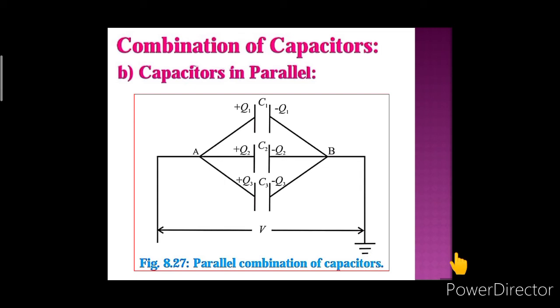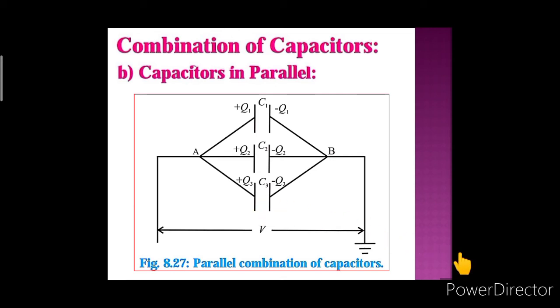Now, if the capacitors are connected between two common points or junctions, they are said to be connected in parallel. Now, in this combination, all the capacitors have the same potential difference. The potential difference across the points A and B is V, and between these two common points, all the capacitors are connected so that all the capacitors have the same potential difference. But the plate charges on each capacitor will be different.